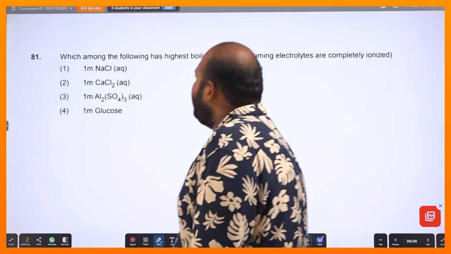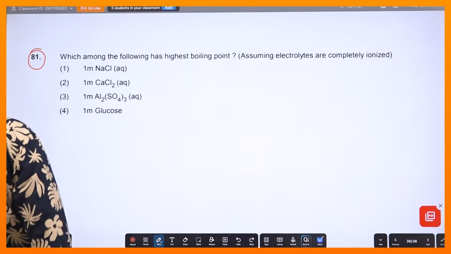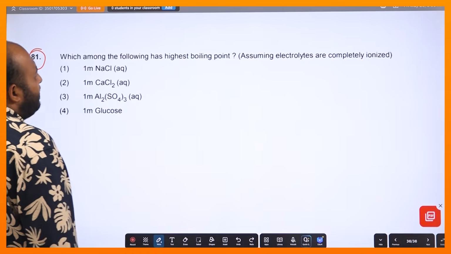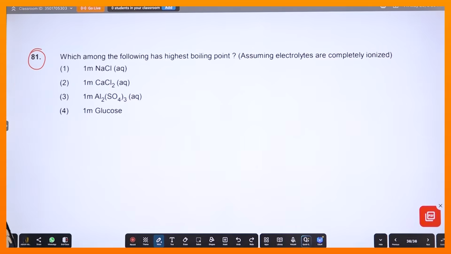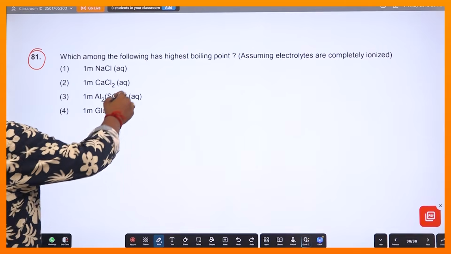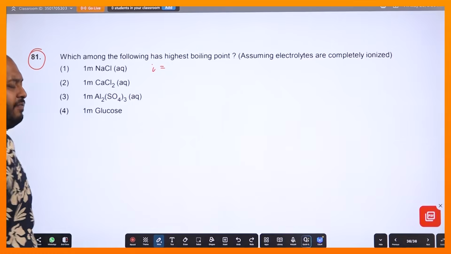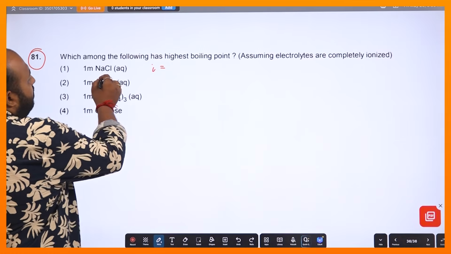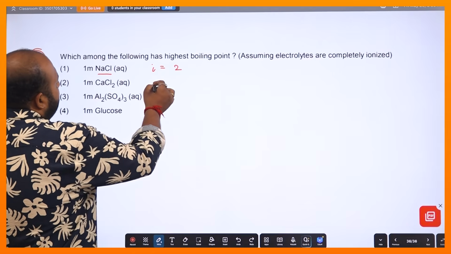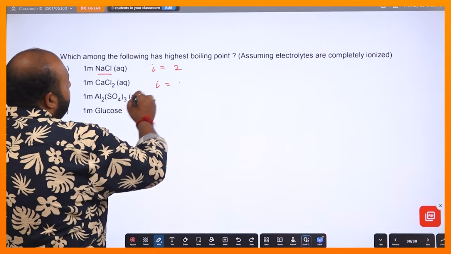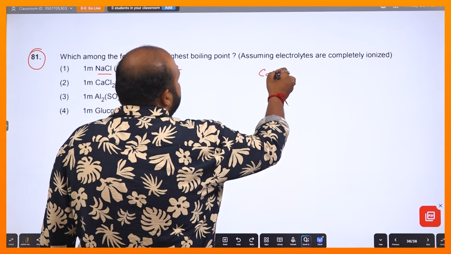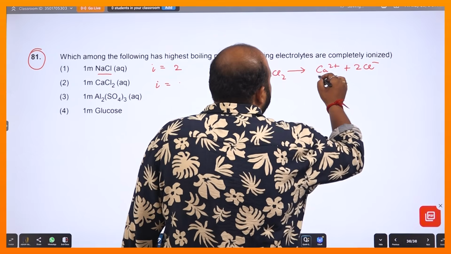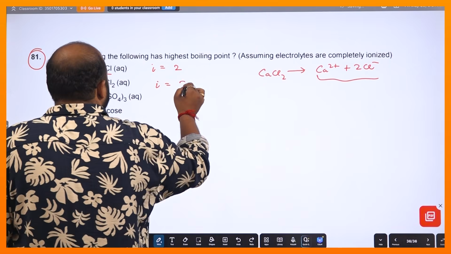So this is a very easy question also. Which among the following has the highest boiling point? If we simply assume the i or the Van 't Hoff factor for each solute, for NaCl it will be 2. For CaCl2, the ionization will be Ca2 plus 2Cl minus, so 3.